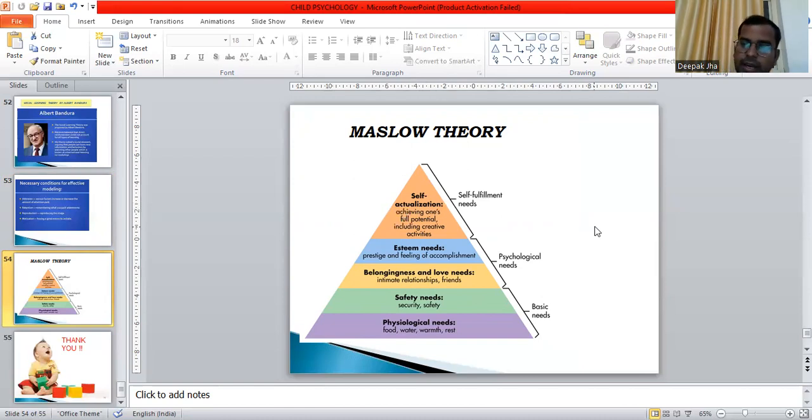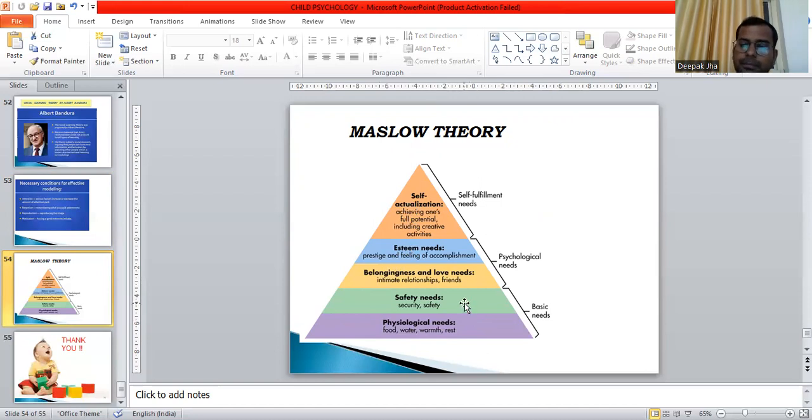Maslow believed that all these needs are placed in a hierarchical way in the form of a pyramid, and only when the basic needs of food, warmth, water, rest are met can you climb up the pyramid or climb up the ladder.